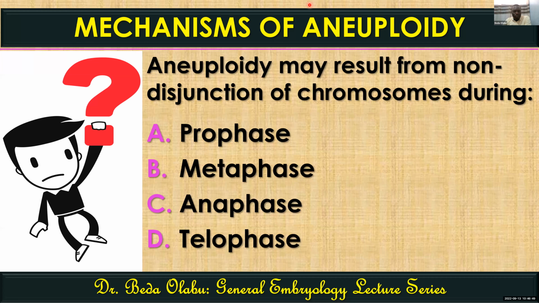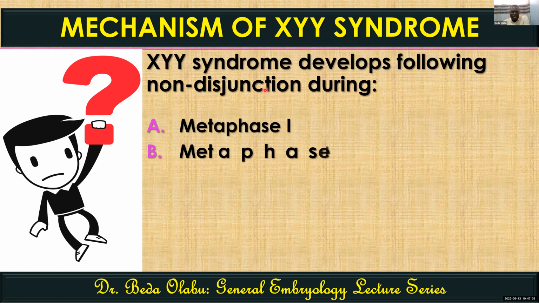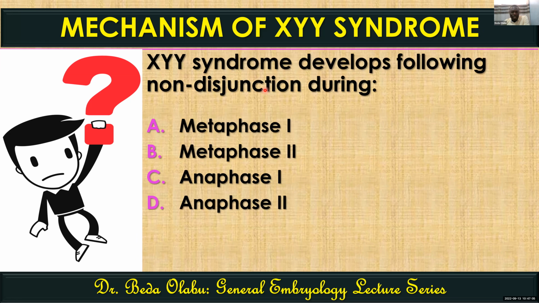Another question. So if you have a trisomy syndrome of 47XYY, at what point did the non-disjunction actually take place?